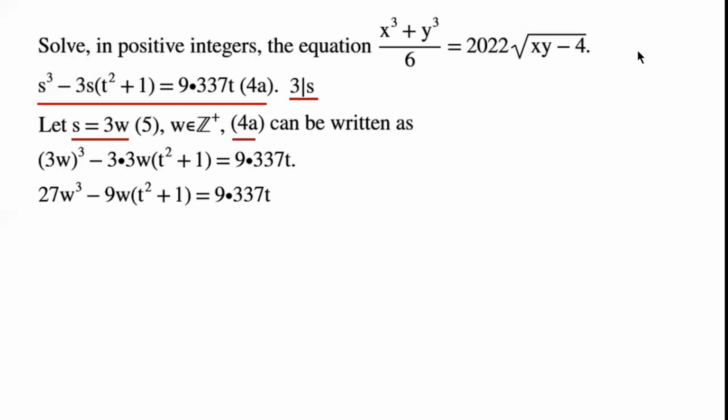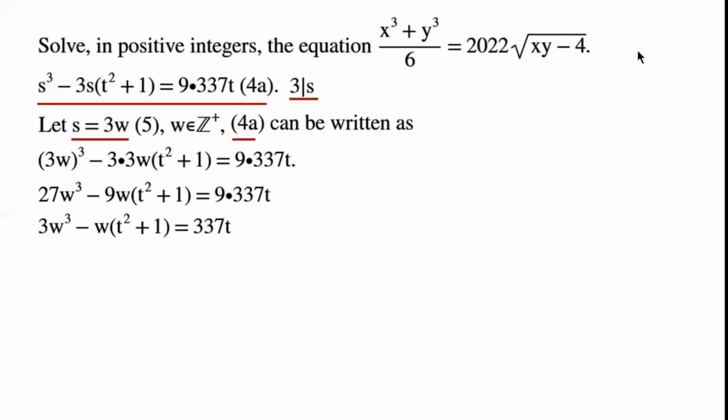By simplifying the equation, we can now write 27w cubed minus 9w times (t squared plus 1) equals 9 times 337t.